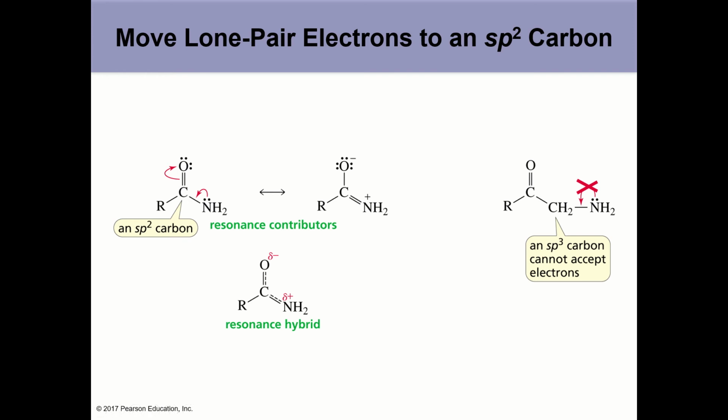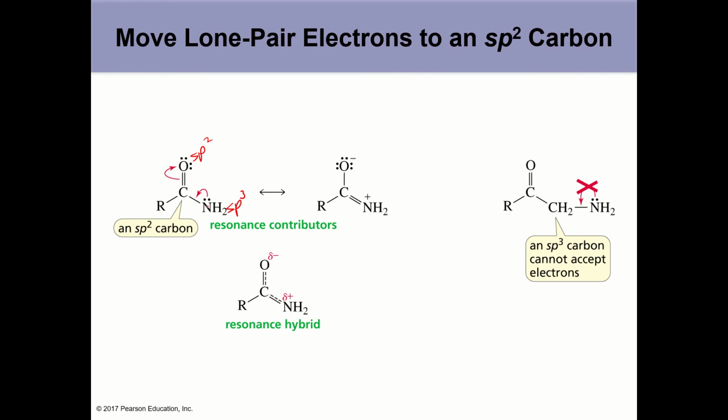And pi bonds can only be moved to sp2 atoms. So in the original structure, we have an sp2 oxygen, an sp2 carbon, and an sp3 nitrogen. The lone pair on the sp3 nitrogen can be moved to the sp2 carbon. So again, we can only move the electrons to sp2 or sp hybridized atoms.